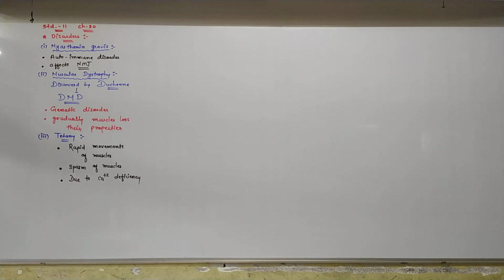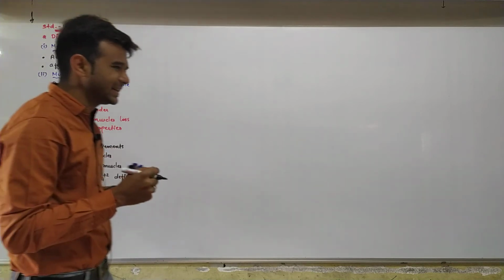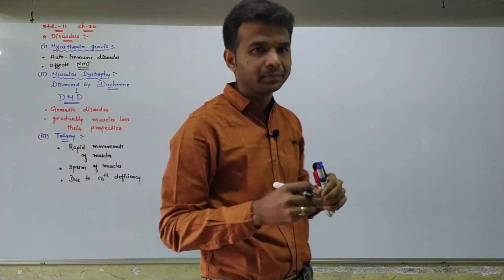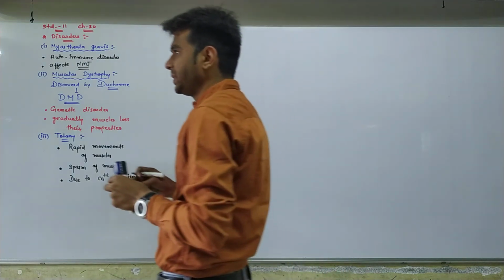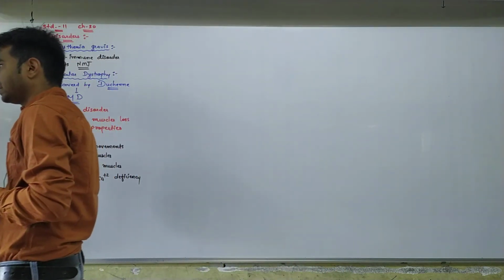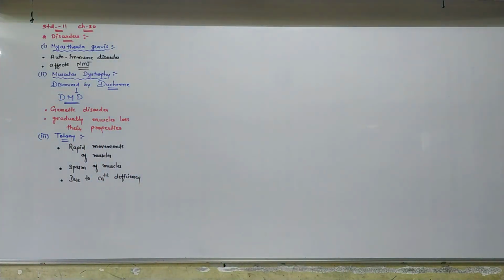Tetanic contraction means spasm of the muscles. The muscle performs tetanic contraction. The muscles become much more stiff. Muscles become much more tight and cannot allow the normal movement, and a shaking movement occurs also.